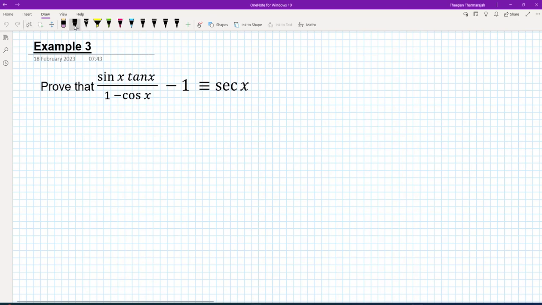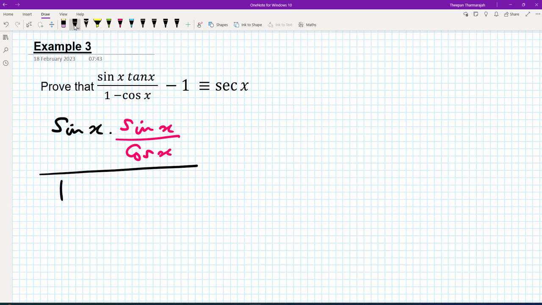So let's change everything to sine and cos. So we get sin x times, and I'm going to write tan x as sin x over cos x. Now, initially I'm going to ignore the -1. I'm just going to deal with the initial fraction, so 1 minus cos x. So we'll deal with the -1 later.